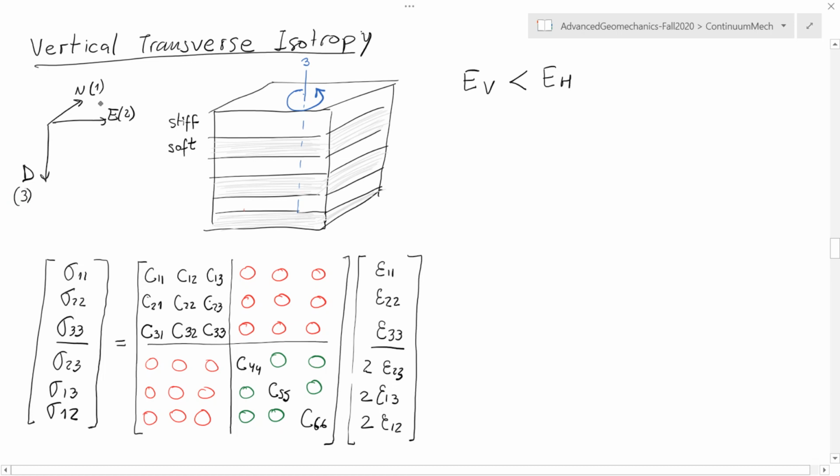So sigma 11 will be the one going in the direction of the north, sigma 22 in the direction of the east, and sigma 33 in the vertical direction. Since the stiffnesses in the horizontal directions are the same, C11 is going to be equal to C22, and we're just going to call it C11.